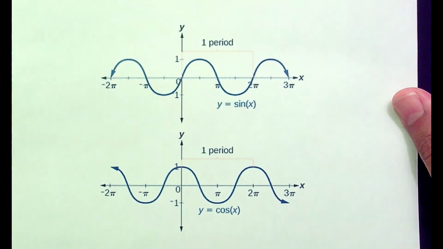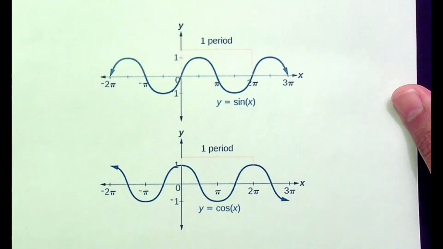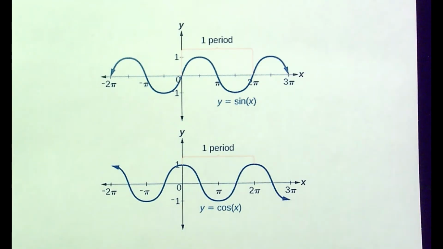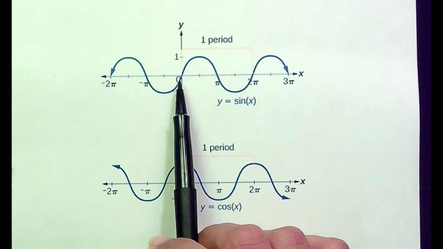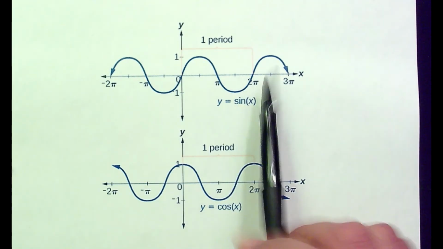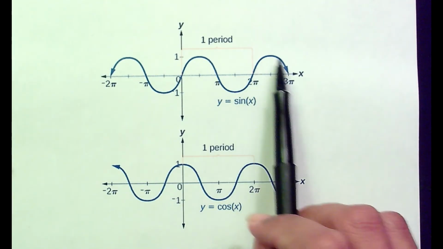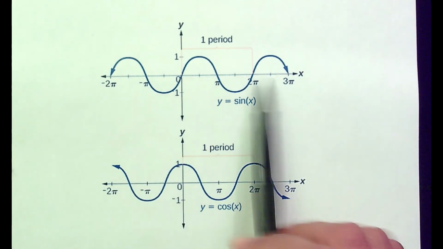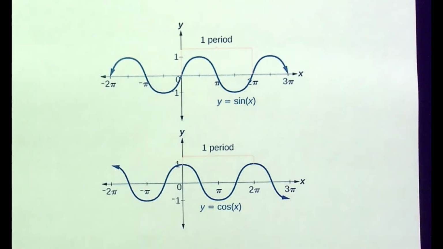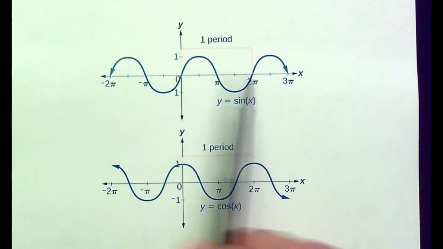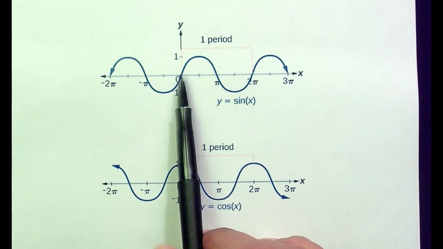All right, so here are the basic graphs of sine and cosine drawn a little bit further past the interval from 0 to 2 pi. You see it starts all over again and goes on forever to the right and to the left, repeating itself. And this is one period between 0 and 2 pi.